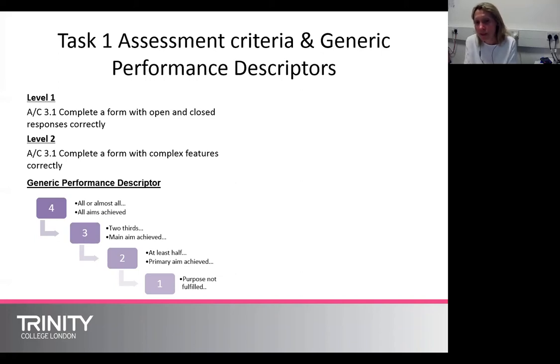They would be awarded a 2 if at least half is completed, the primary aim is achieved. If 2/3 is completed, the main aim is achieved, that's 3 marks. All or almost all of the form is completed, all aims achieved, 4 marks in the assessment criterion 3.1.